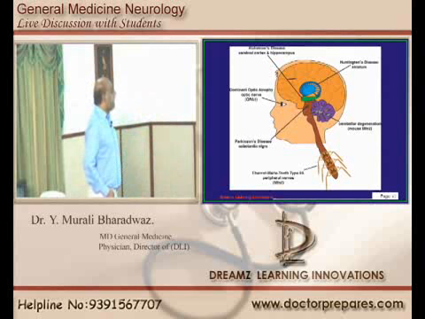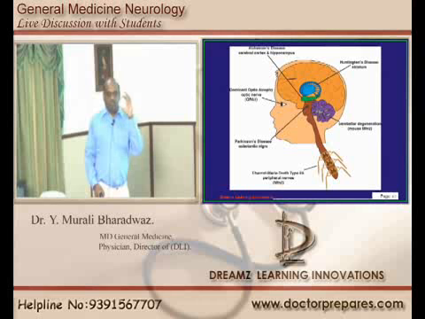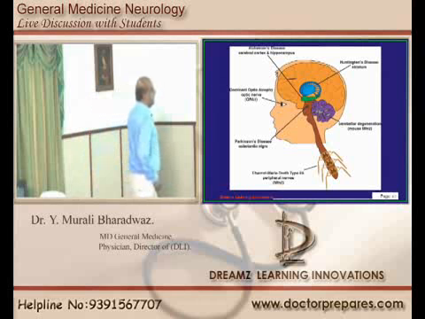In Parkinsonism, the substantia nigra is affected. In Charcot-Marie-Tooth syndrome, it is the peripheral nerves which are affected. Which disease affects which location is what you have to be very clear about.